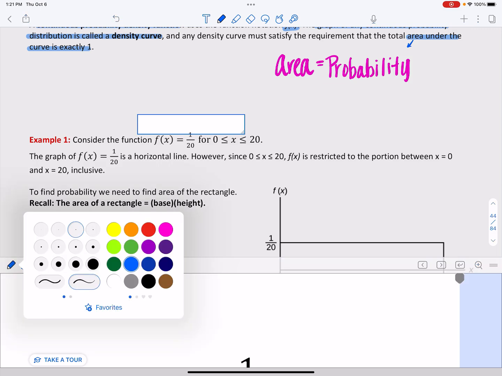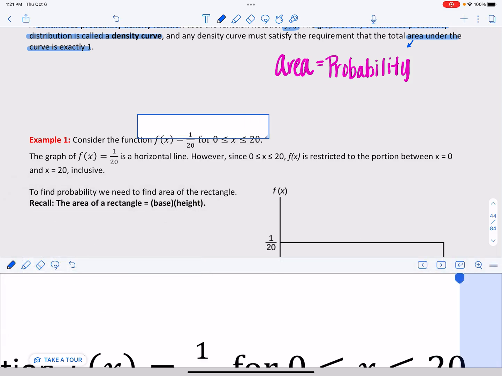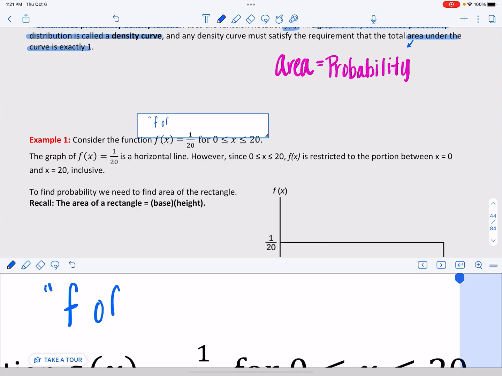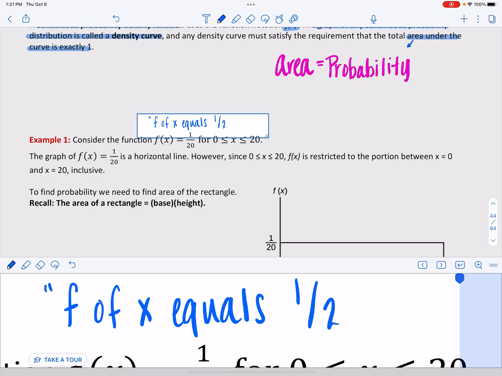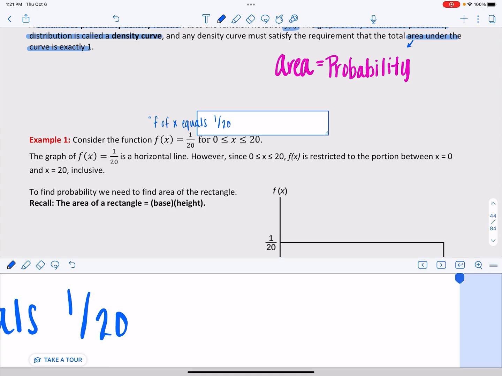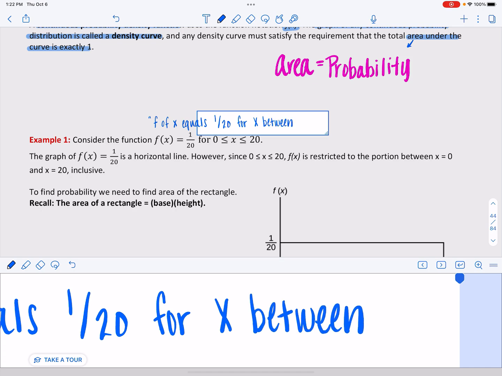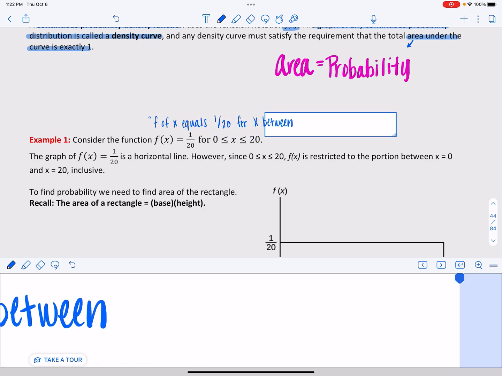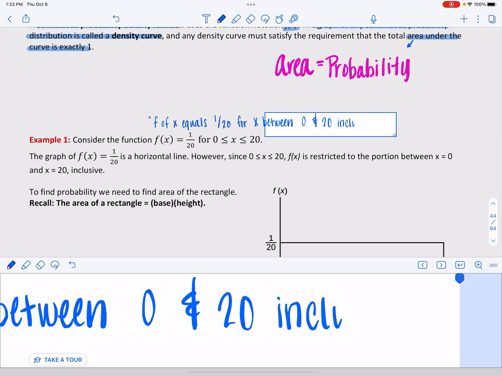When you read this out loud, this says f of x equals 1 over 20 for x between 0 and 20 inclusive.